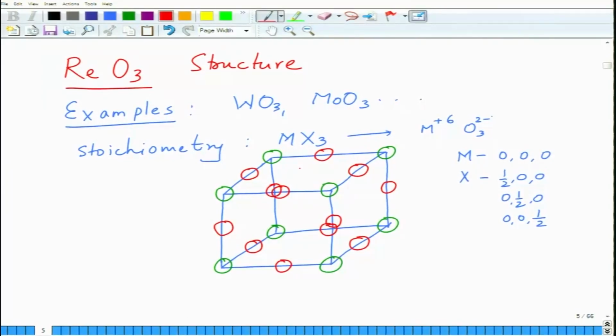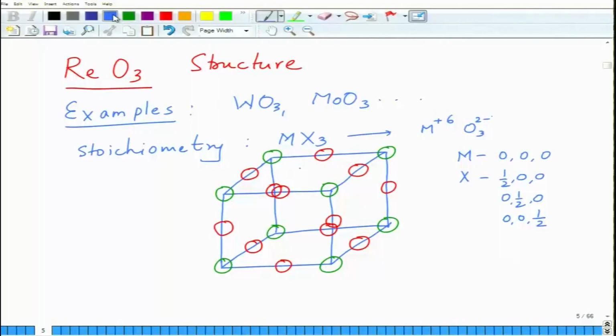So, what is the coordination of M in this case? M's coordination is, if you go in this direction, in this direction, in this direction, you will have one O here, here and another O here. So, it will be 6-fold coordination.